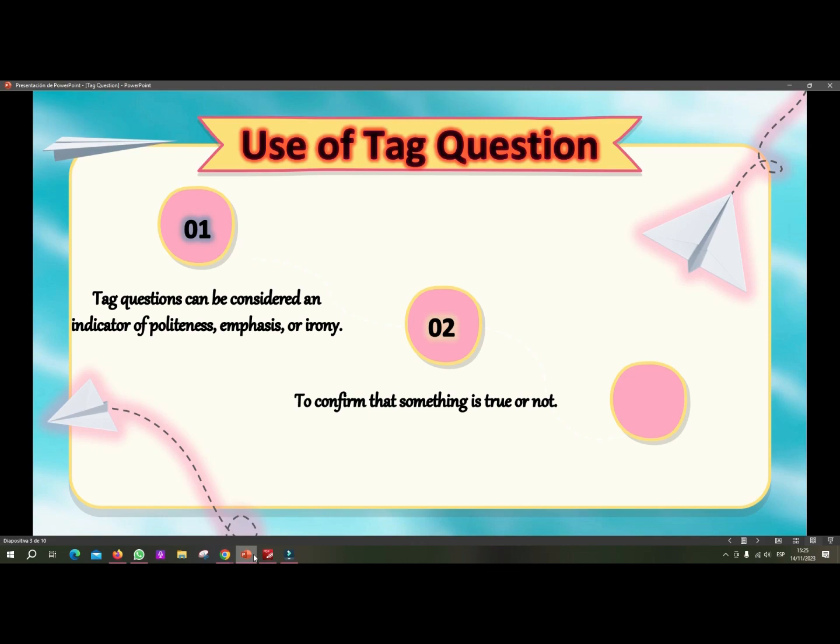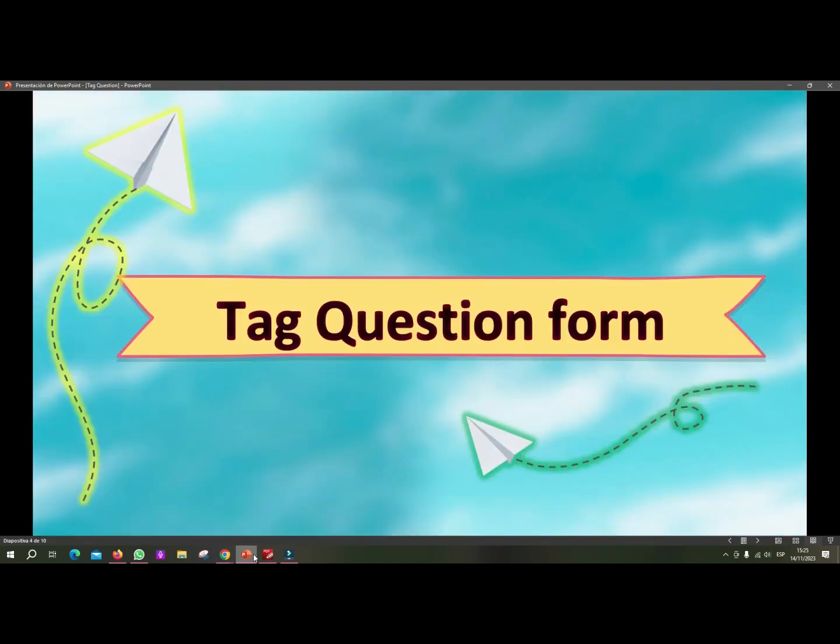In that case, we're going to use the tag question to confirm some information or reply from the person we are speaking to. Also, we can use tag questions to encourage an answer, right?